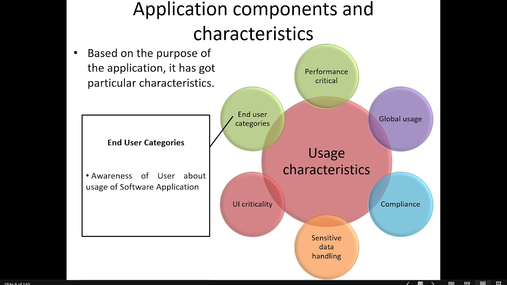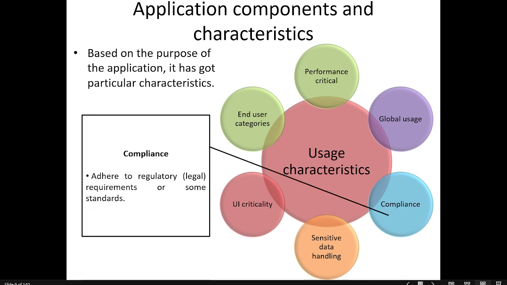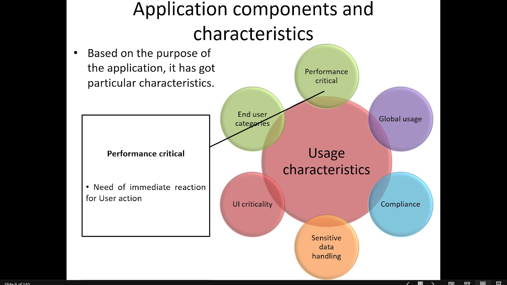Just to repeat: if we consider any application, how it is being built and using which components, we need to understand the characteristics. Some applications are performance critical, for example every web-based application or commonly used application like railway ticket booking or online banking.